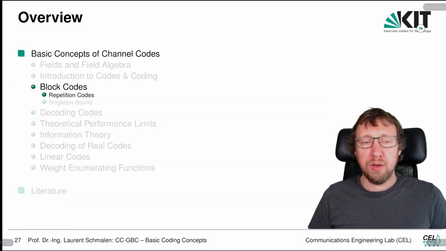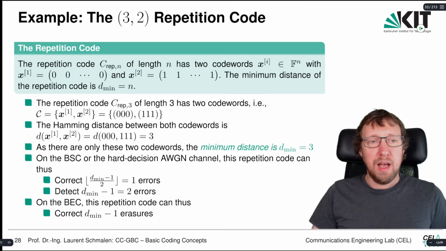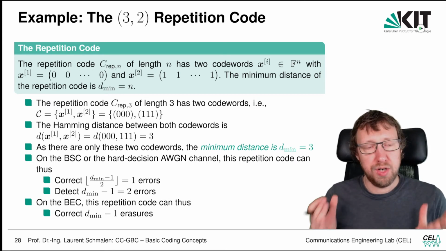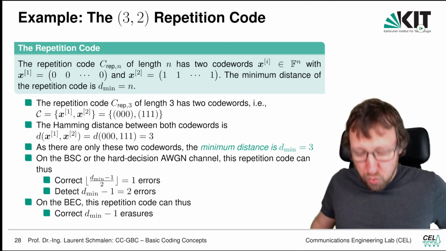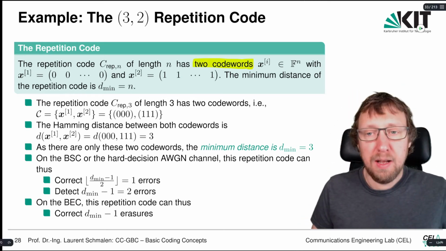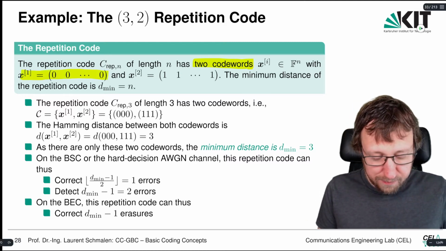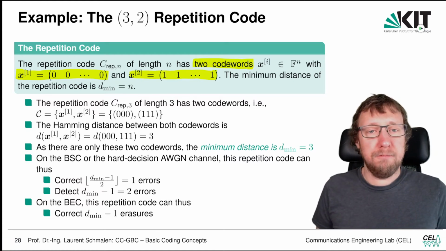Okay, so now we're going to take a look at repetition codes in particular. We already saw the repetition code. In the general definition, the repetition code is a code that has two code words. The first code word contains only zeros, and the second code word contains only ones.